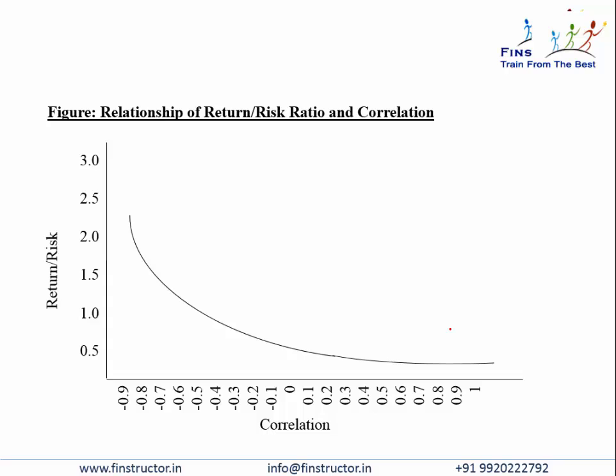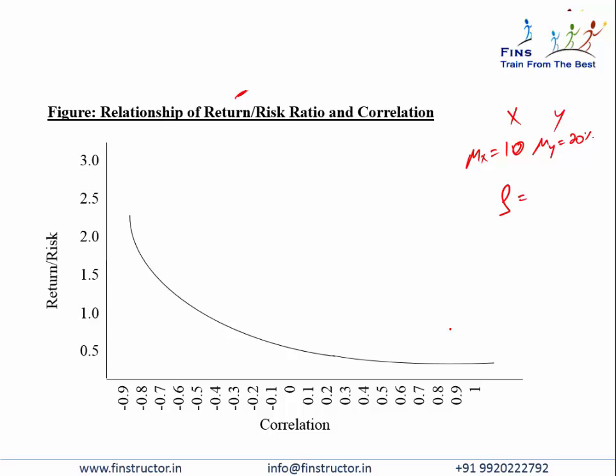Now, if we see the relationship between the portfolio risk and correlation, please note that return will not be impacted. If there is an asset X and asset Y, let's say asset X has a return of 10%, asset Y has an expected return of 20%, and the correlation between them keeps varying.